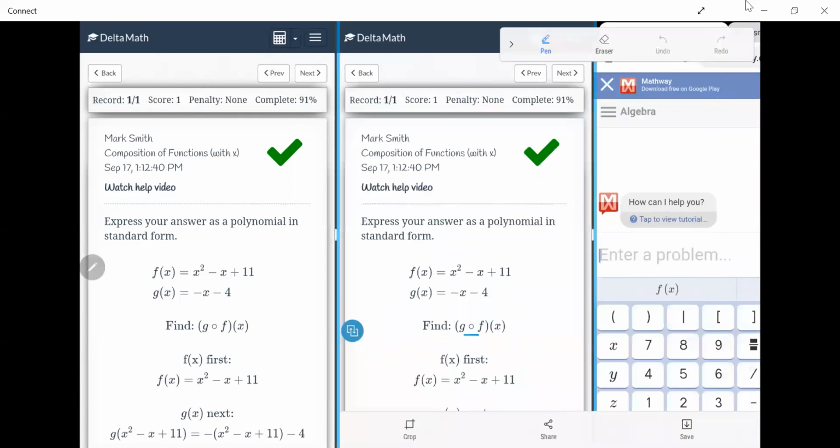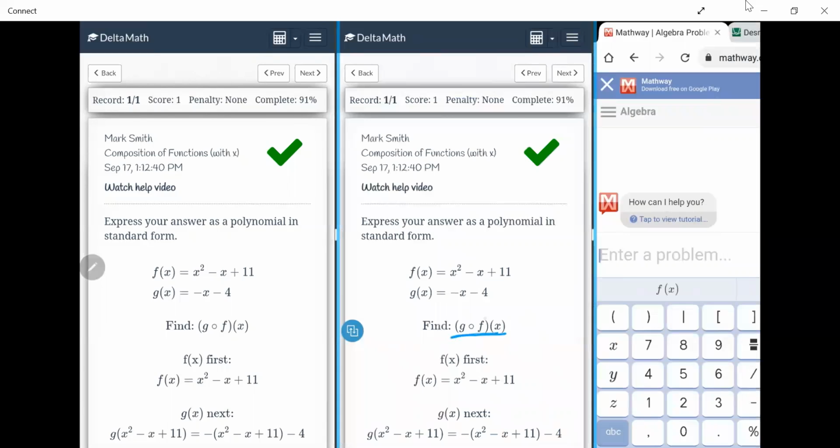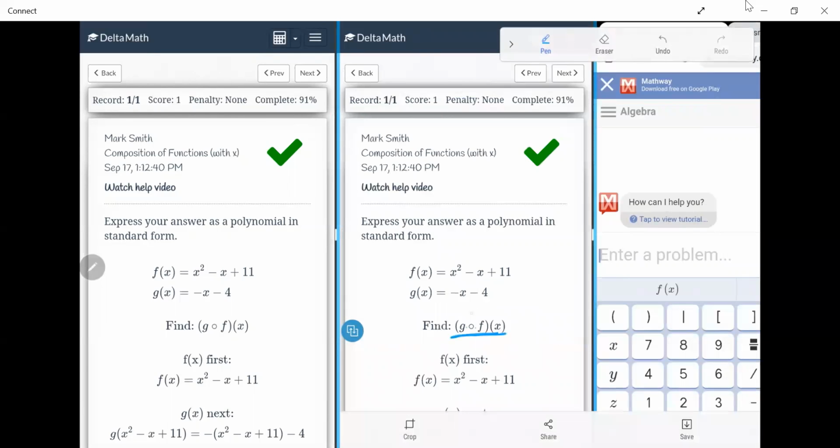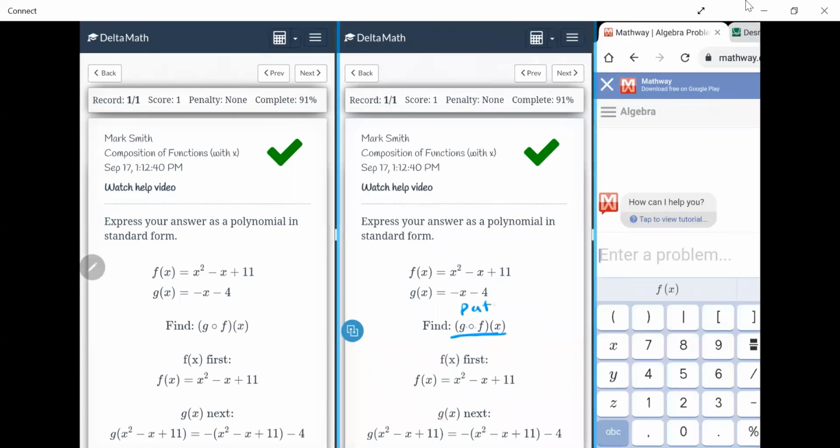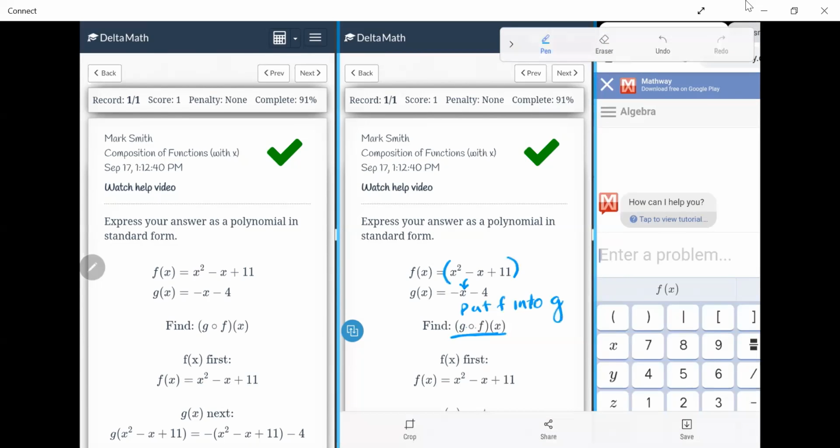What does this say? All right, this says g of f. All right, so this says put f into g. All right, so we're going to take this and we're going to put it into the x right there.